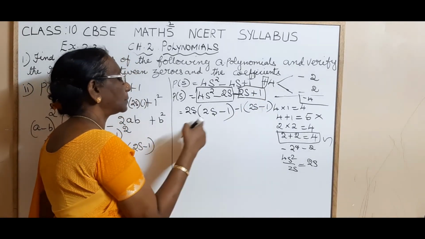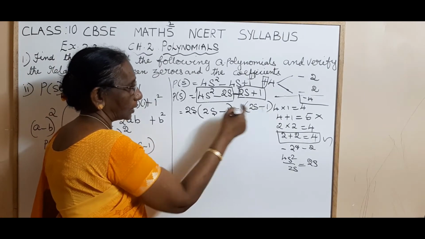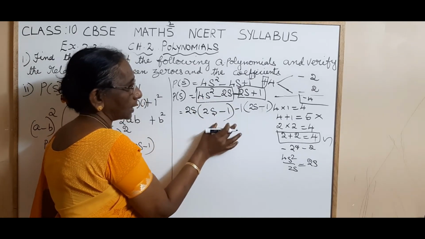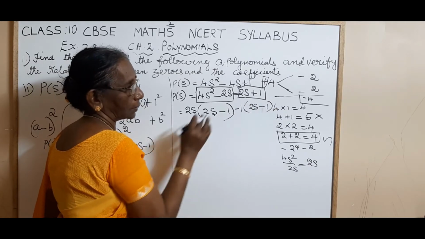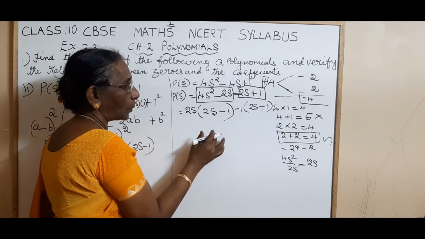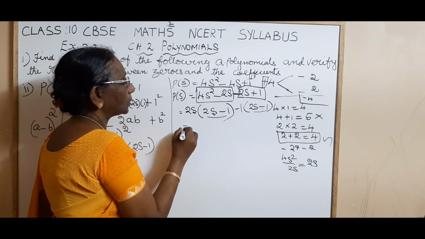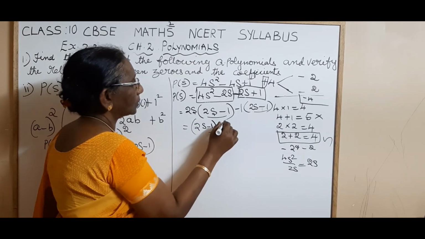Now see here, 2s into 2s minus 1, minus 1 into 2s minus 1. So the first two terms you have factorized as 2s into 2s minus 1, and the second two terms as 1 into 2s minus 1. Now we are going to take the common factor. What is common here? 2s minus 1. So you take 2s minus 1 as the common factor. What will be left?